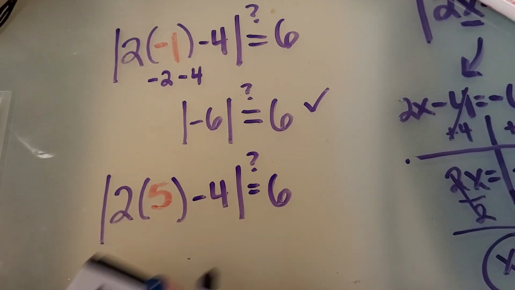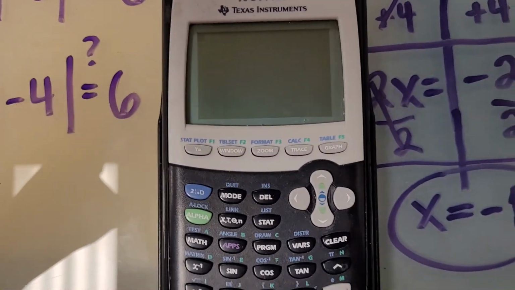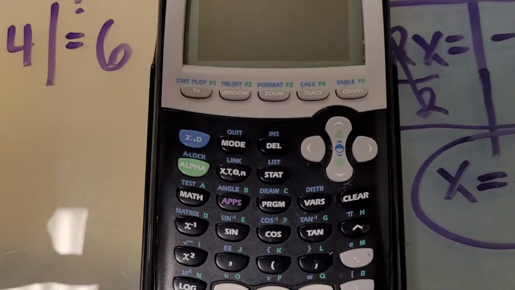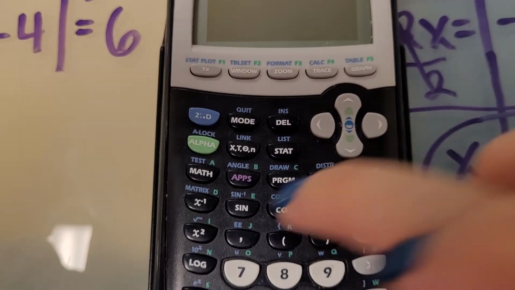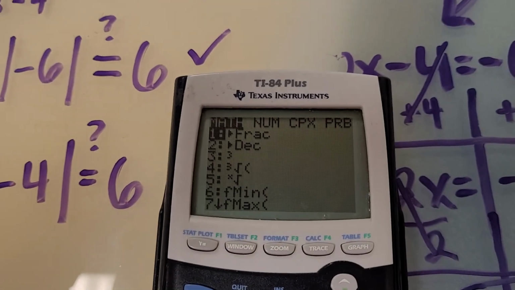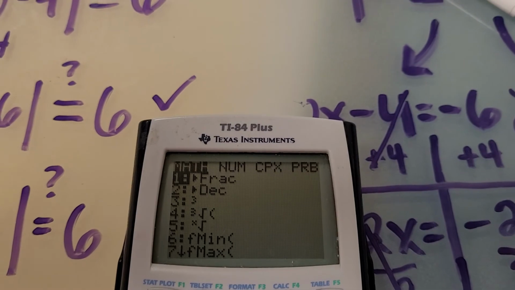So we could do that with mental math. Here's how you get absolute value on the graphing calculator though. Let me show you. From your main screen, you're going to press the math button. That's right here, the math button. And then newer calculators have 5 menus up at the top. Some of them may just have 4 like this one.